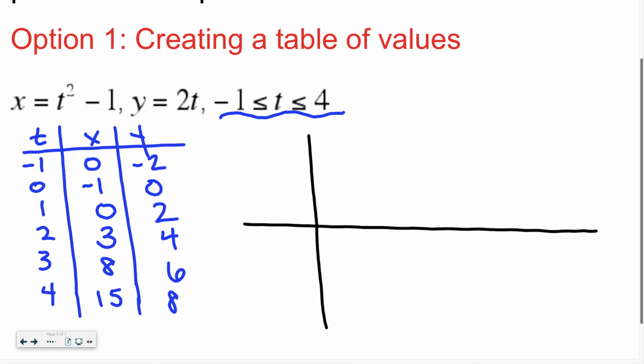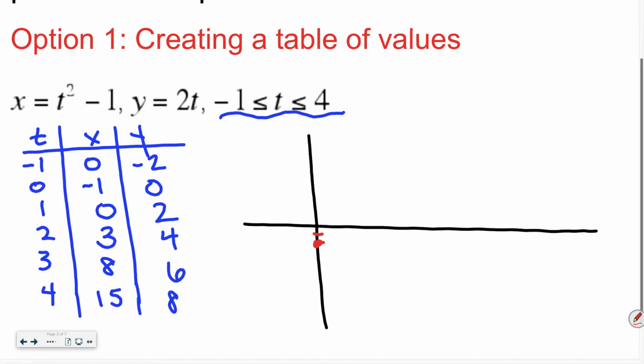I know this seems kind of, like I said earlier, tedious, but I want to really make it a point and remind you what makes parametric equations special. So if we plot these points in the order in which we found them, when t was -1, we had 0, -2.